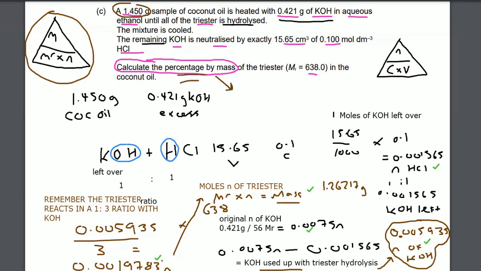And we're going to divide that by the original mass of the coconut oil, because not all of it is triester. So we're going to go 1.26217, and divide that by 1.450 grams times 100, and that's your final answer for your percentage by mass of triester in the coconut oil.